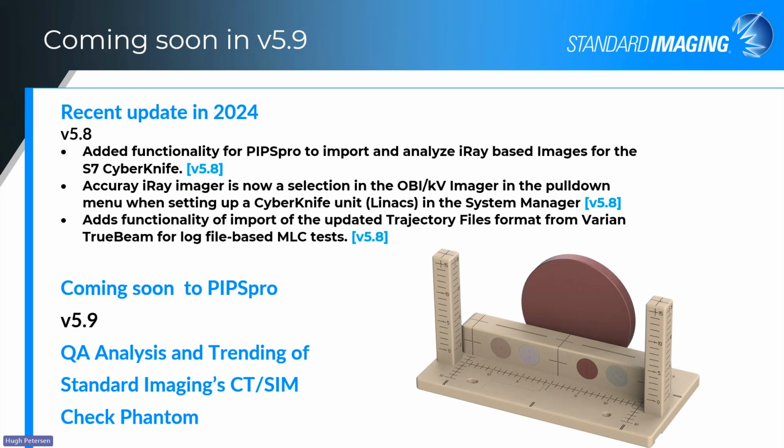And then we also added functionality to import the updated trajectory files that Varian had updated with their latest DICOM image headers, their DICOM headers for the latest iteration of their software.